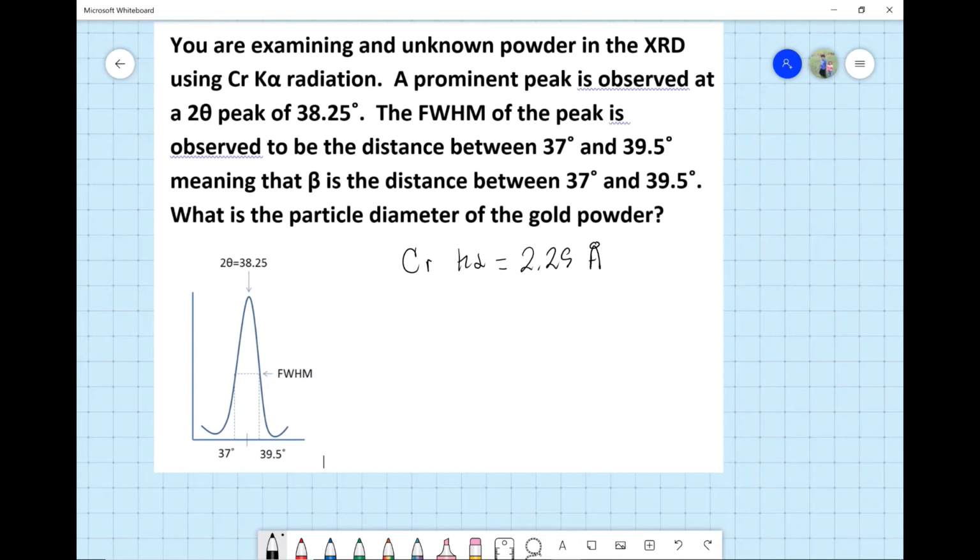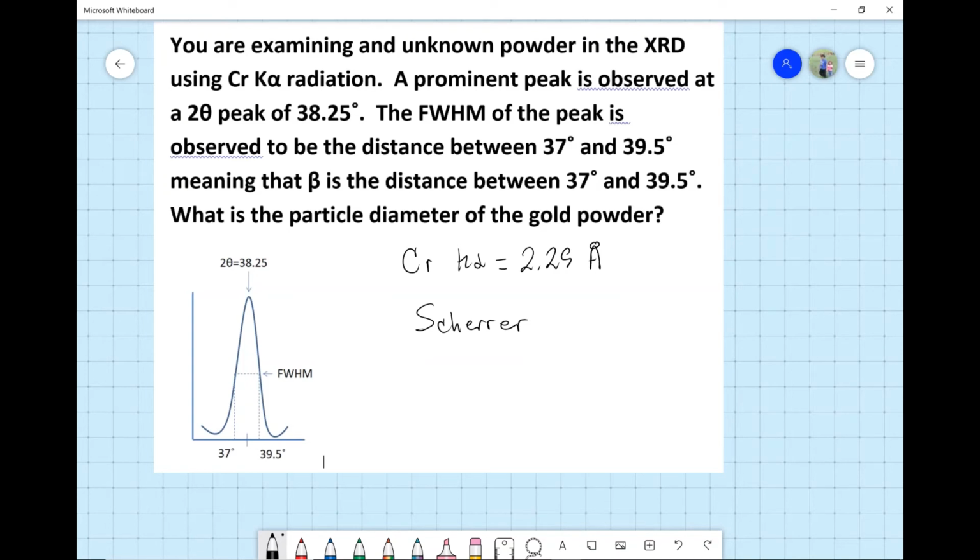So we want to figure out beta now. And it's actually good engineering practice to write the equation that we're going to use. So let me stop right there and do that first.